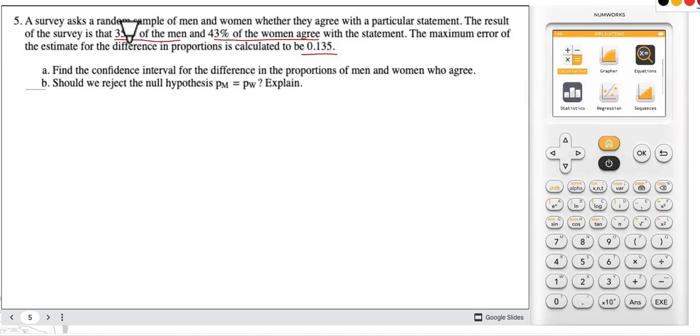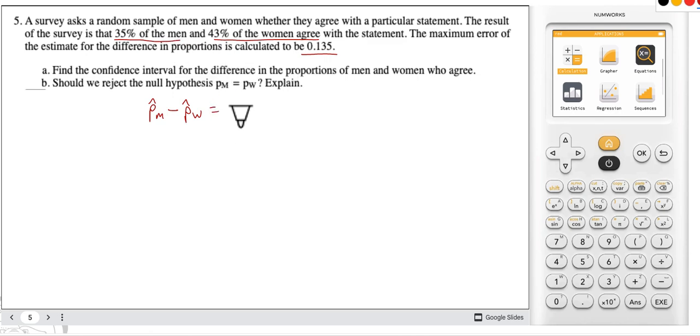So for the difference in proportions, you take the proportion of men minus the proportion of women from the sample, and that's going to give us the point estimate, right?